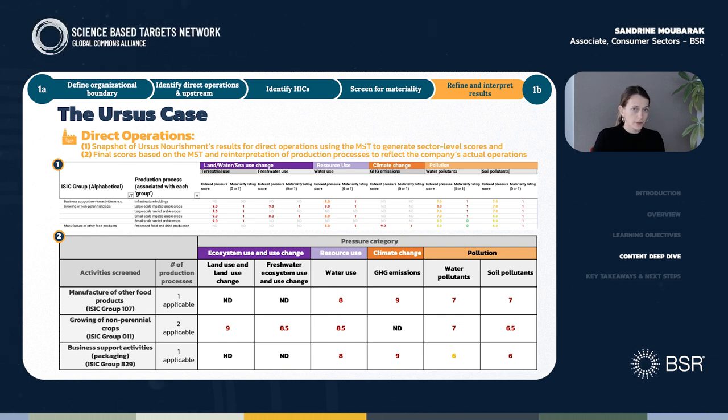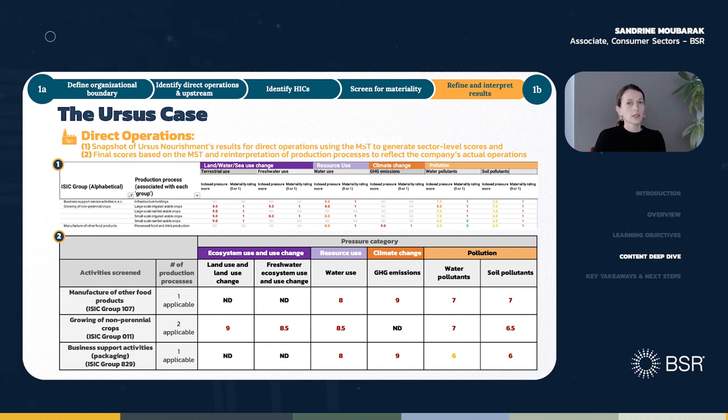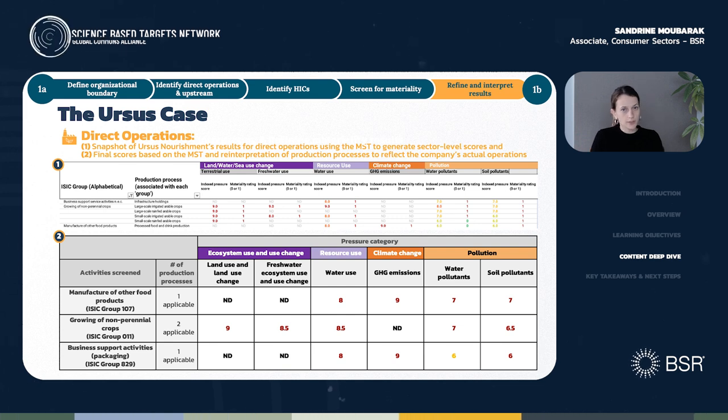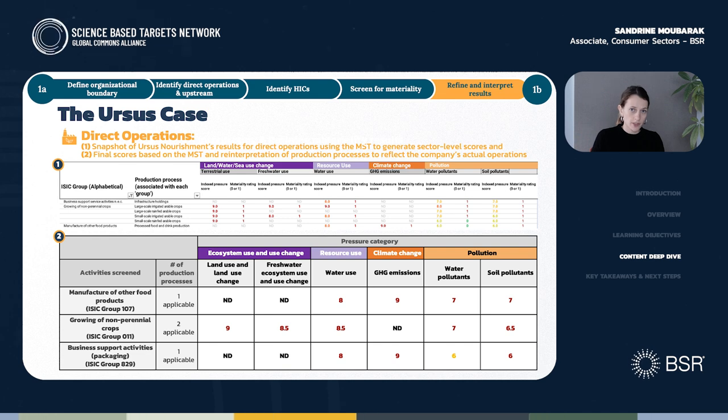In this example, the URSUS team knew that of the 4 applicable production processes for crop growing, both the large-scale irrigated crop and small-scale irrigated crop processes were accurate descriptions of their activities. The team recorded their logic for excluding production processes where this was the case for validation.